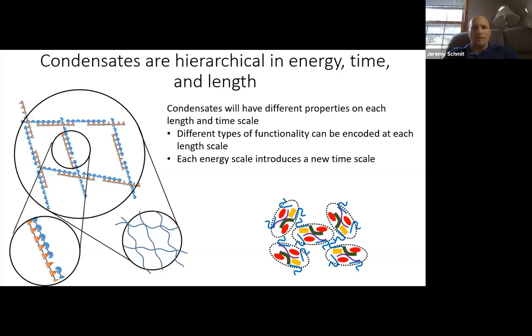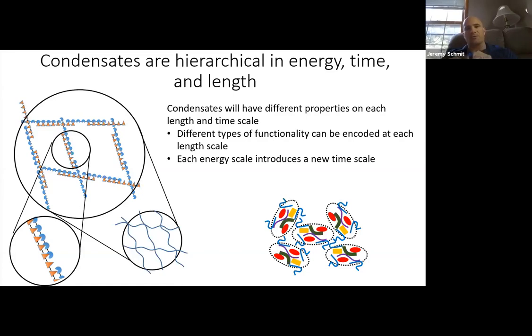Well, what I can say about the viscoelastic properties of the assembly is that I would expect them to be widely varying. I think what this hierarchical picture says is that if you were to do a microrheology experiment, you could get very different results depending on how far apart your probes are.